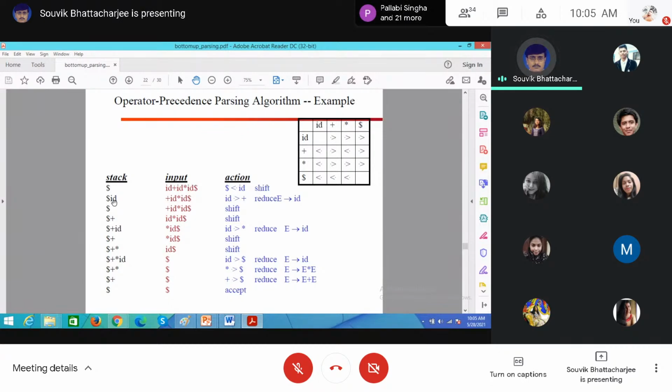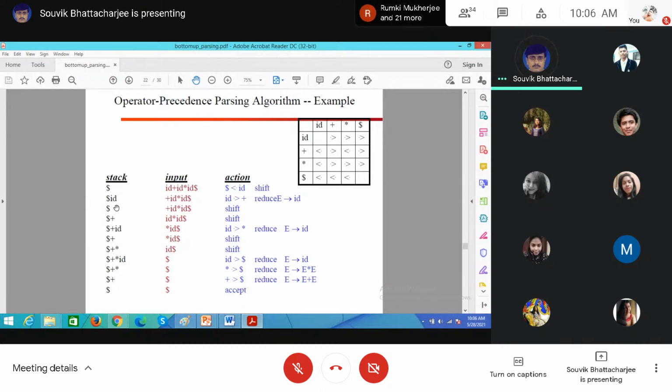Now, this is the current input symbol on the top of the stack, and this is plus. That means A has greater precedence than B, that is, ID has greater precedence than plus. In that case, reduce, that is, ID will be reduced to E. Once reduced, it will not be shown in the stack.